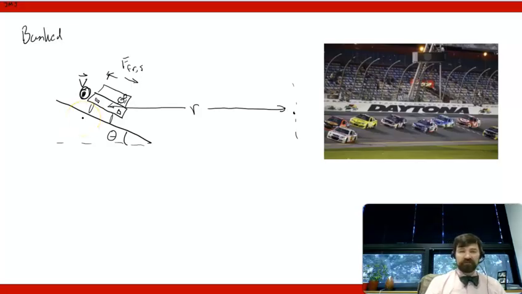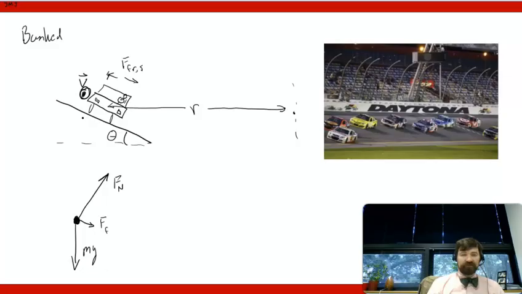So where's this additional force coming from? Well, if I draw the free body diagram for this car, again, I have gravity acting downward, mg, and I now have a new force, the normal force, acting in this direction, F normal. And I can also have some friction force, maybe in this direction or maybe in that direction.